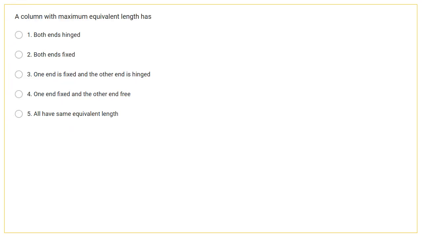The next question. Question number 9: a column with maximum equivalent length has. Okay. First of all, we'll see the chart of equivalent length for different conditions.